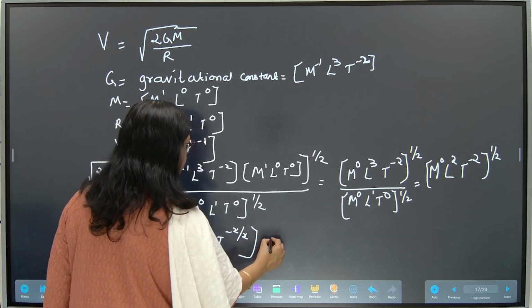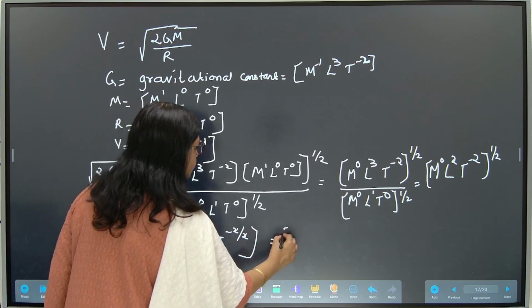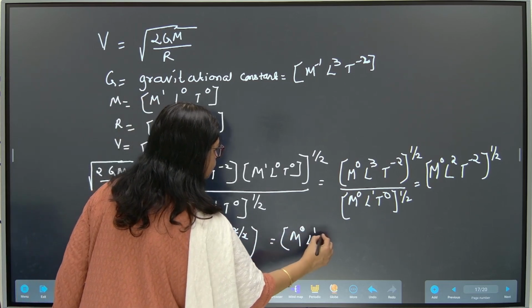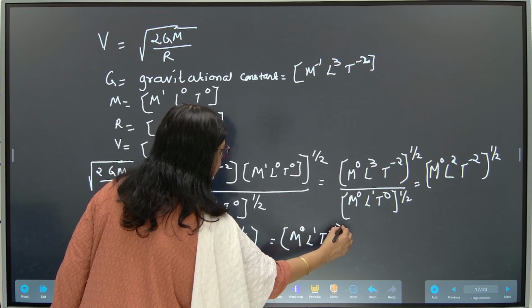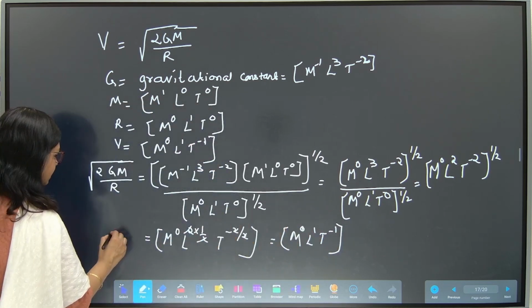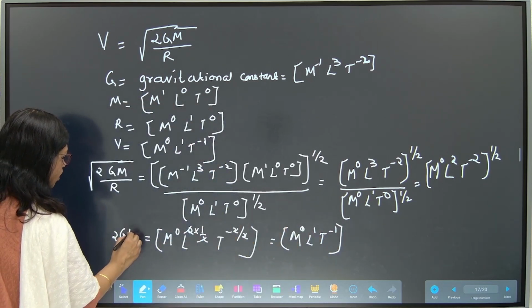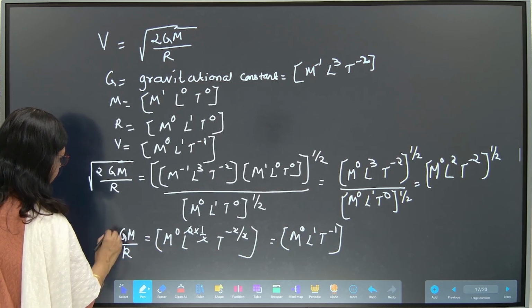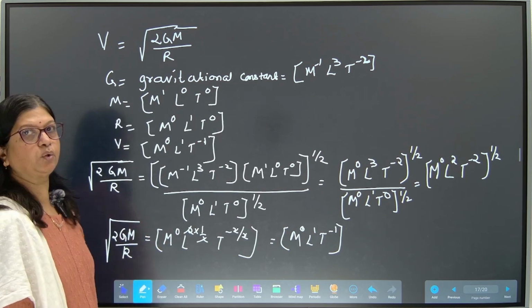Okay, so finally what am I getting? M raised to 0, L raised to 1, T raised to minus 1. This is the dimensional formula of the other side of the equation.